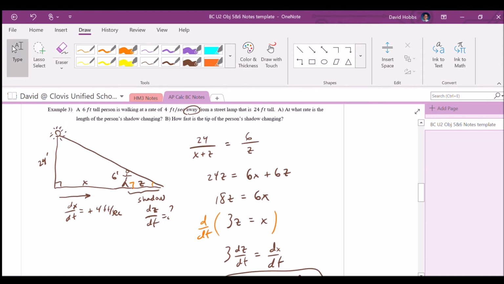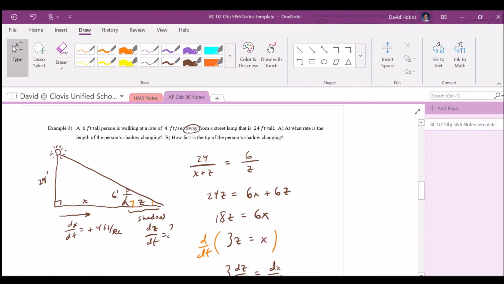Okay, part B. Part B, how fast is the tip of the person's shadow changing? Well, first off, where is the tip of the shadow? Tip of the shadow is right out here. And the tip of the shadow is moving relative to the base of the lamppost.